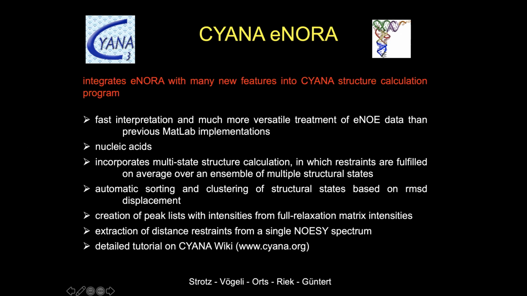Then we also have some tools that can automatically sort or cluster states. I'm going to show this later, but you remember in my example, I showed structures that have two states. Now, every single structure calculation produces two conformations.